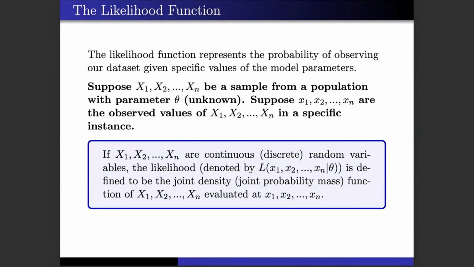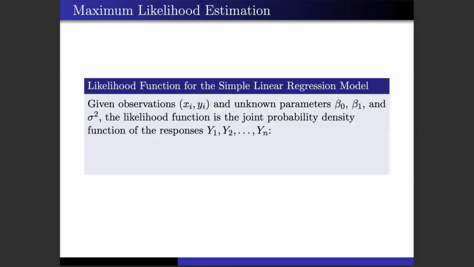So let's see what the likelihood function would be in the case of the simple linear regression model. We would directly use the definition of the likelihood function and get that in the case of continuous random variables, the likelihood function becomes the joint probability density function of the variables. And therefore, here the likelihood function would be equal to the joint probability density function of the responses.